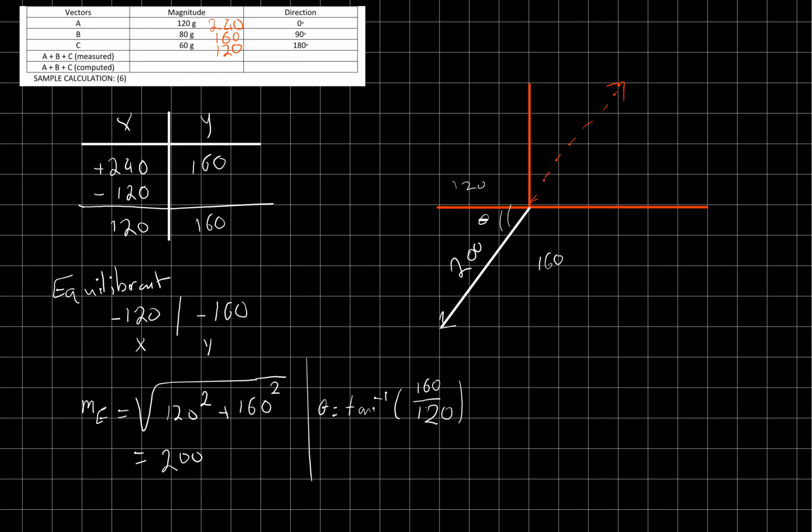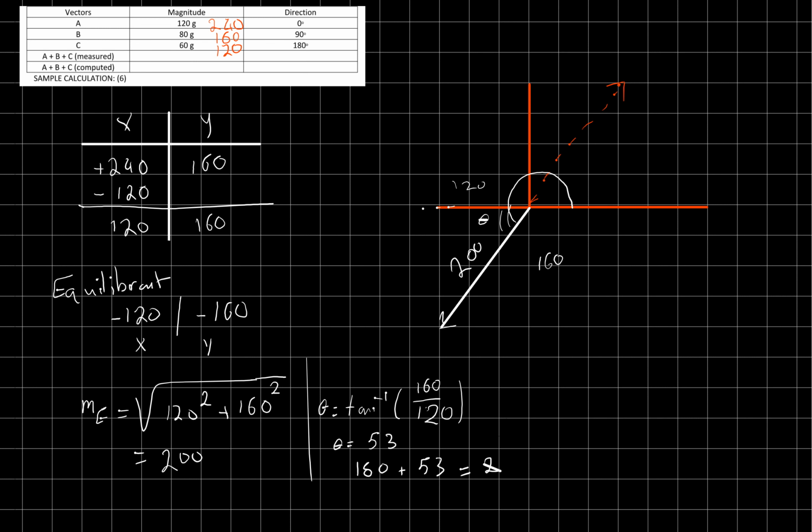But that's not the answer yet. That's from the negative x direction, so we have to add 180. So the angle that we're looking for right there is 180 plus 53, which is 233 degrees from 0 degrees here.